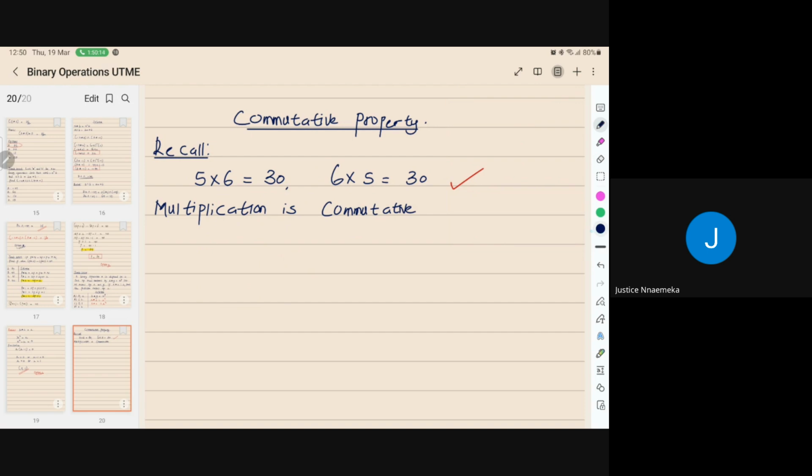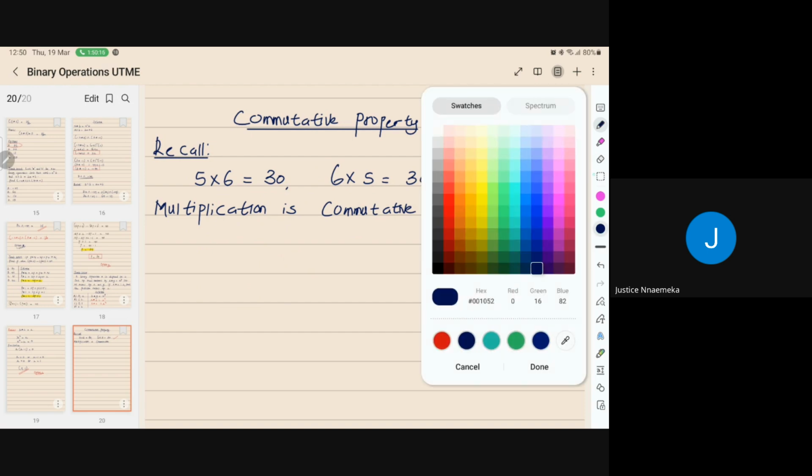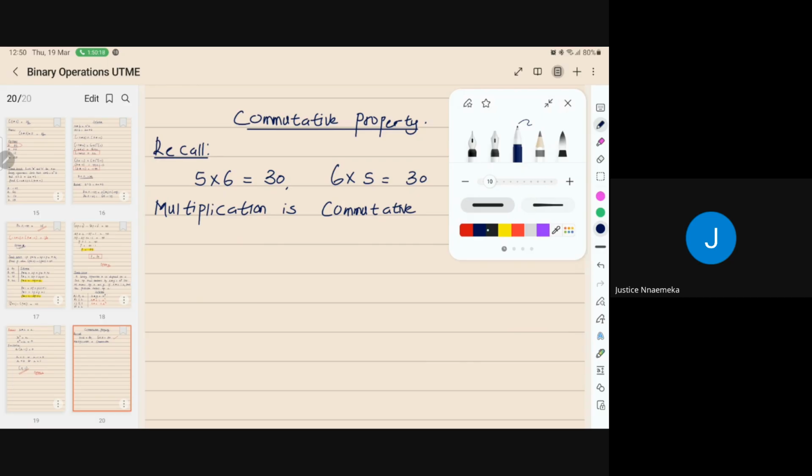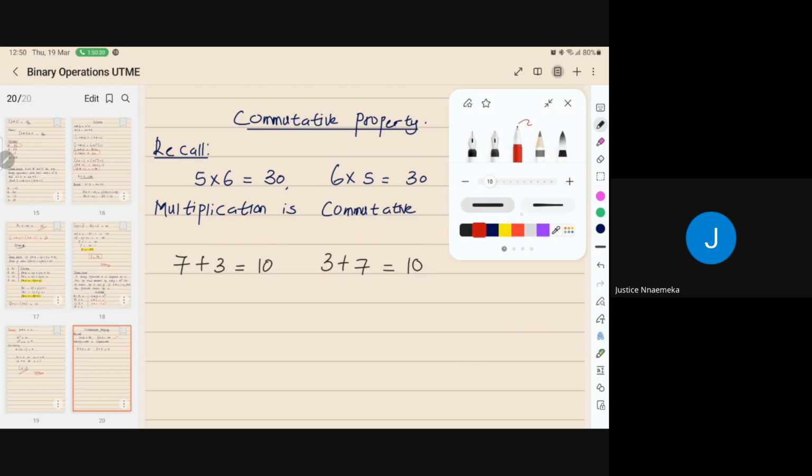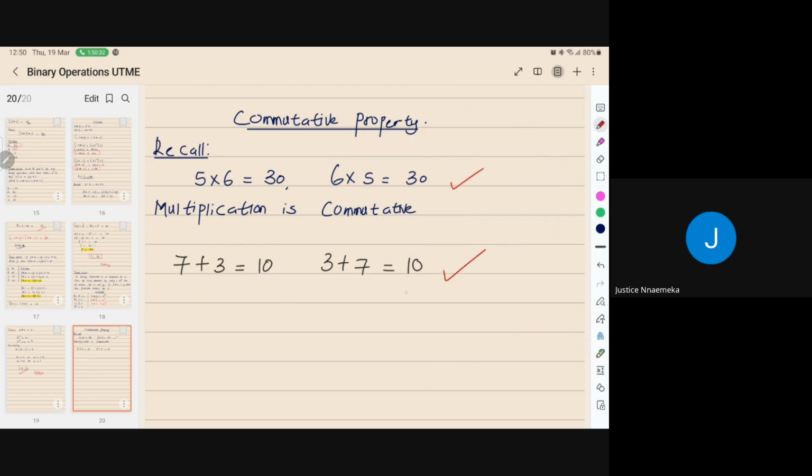Now, the next one, we could have 7 plus 3. That will give us 10. 3 plus 7 will also be equal to 10. And what does that signal to you? It signals to you that your addition is commutative as well.